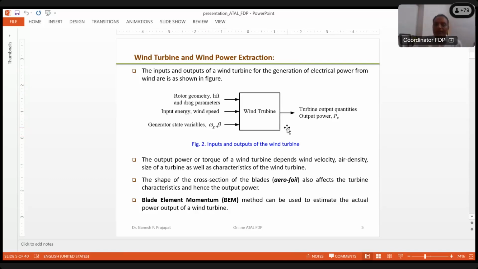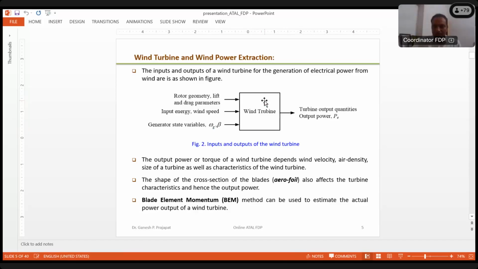So mathematically you can think of a wind turbine as nothing but a kind of black box which takes these parameters and gives the output power. This output power is in terms of these lift and drag coefficients, as well as the wind speed, then the generator or turbine speed, as well as the pitch angle.